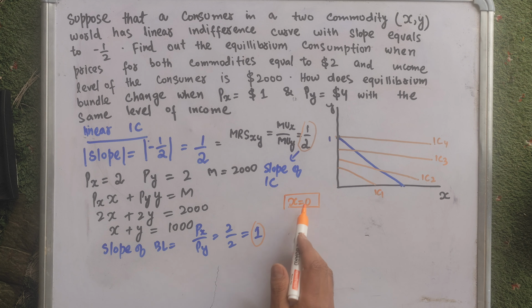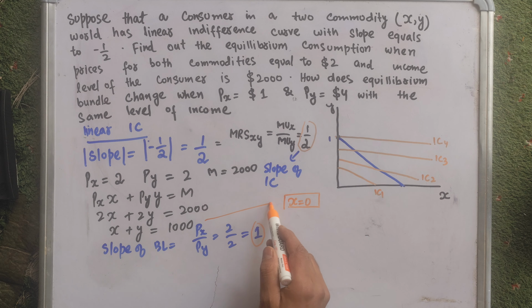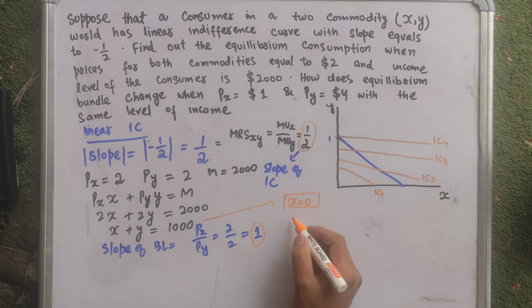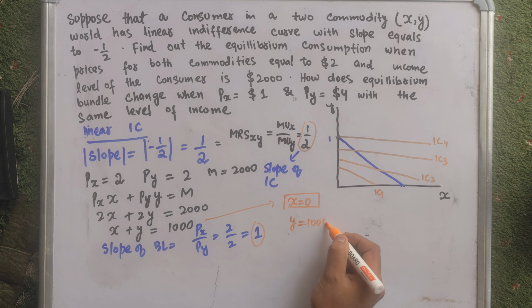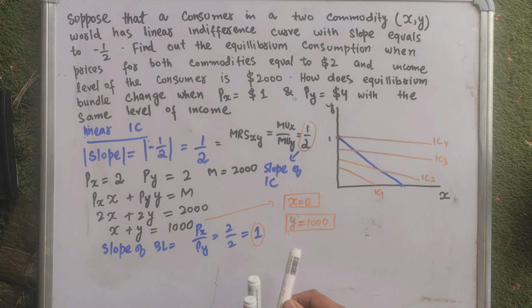Now we plug X equal to 0 into this equation. When X is equal to 0, Y will be equal to 1000. That means the consumer will consume all units of good Y and 0 units of good X in this case, and we get the corner solution in the first scenario.